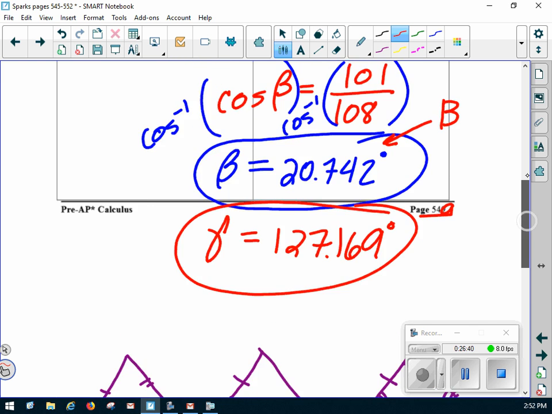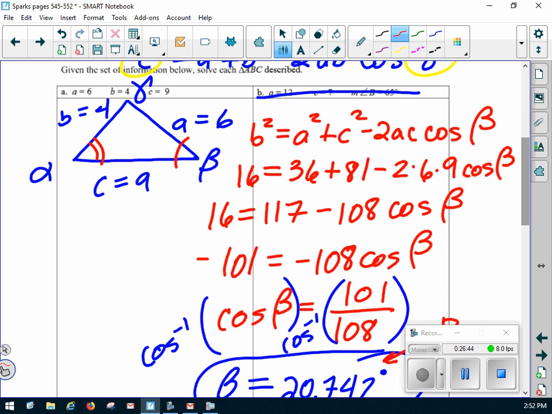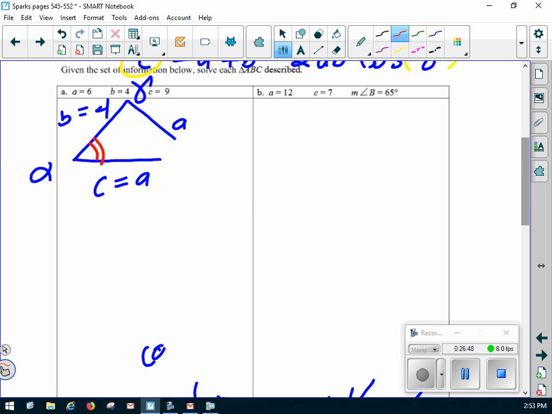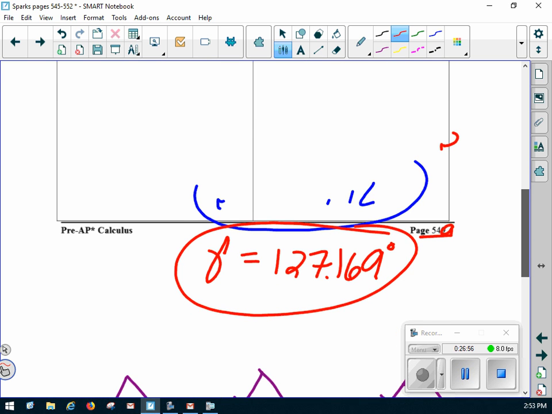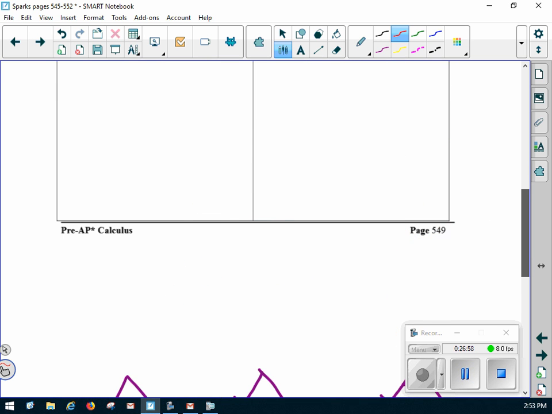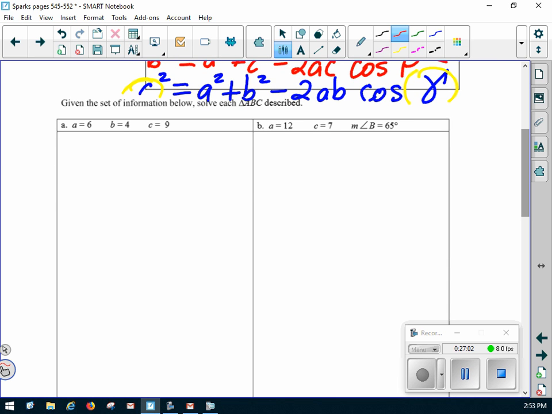We got one more to try, right? This one's not a side, side, side. This was a something, something, something else. I'm going to draw it over here.